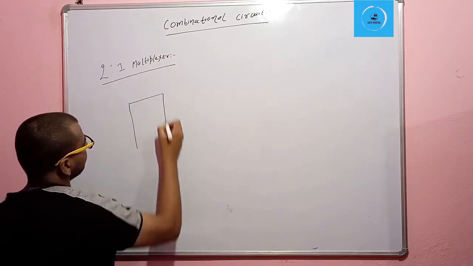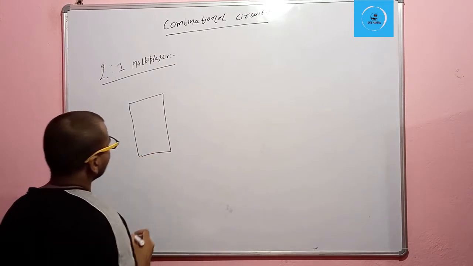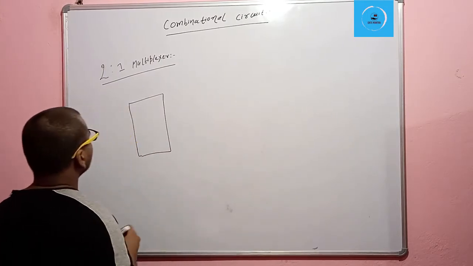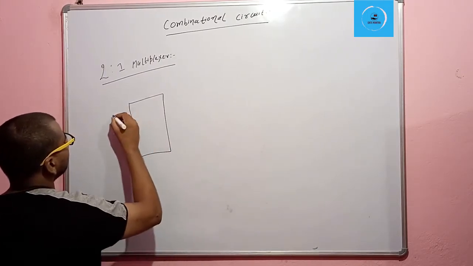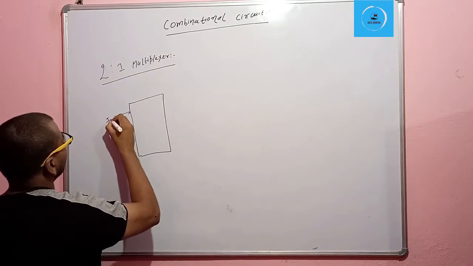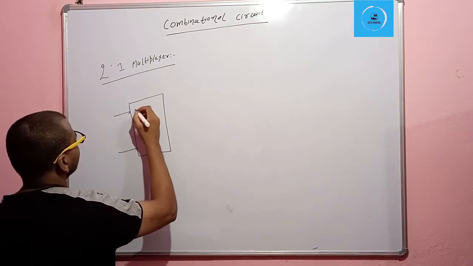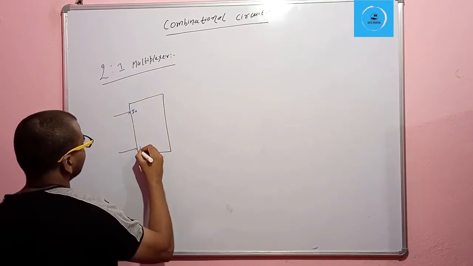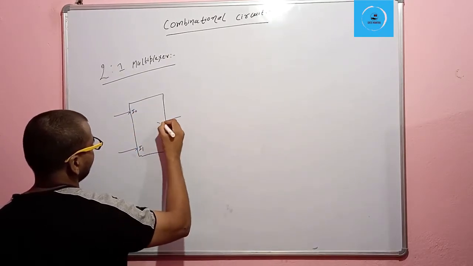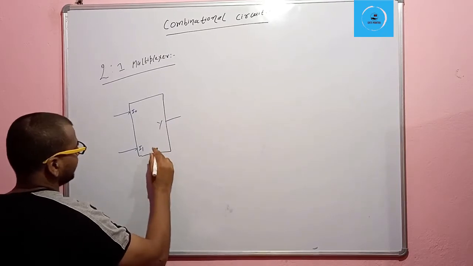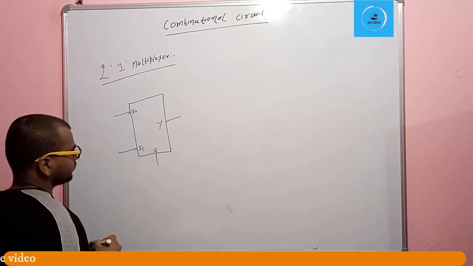So this is its block diagram. Okay, here we are going to give the two inputs, I0 and here I1. Here we are going to take the single output depending upon the selective line.